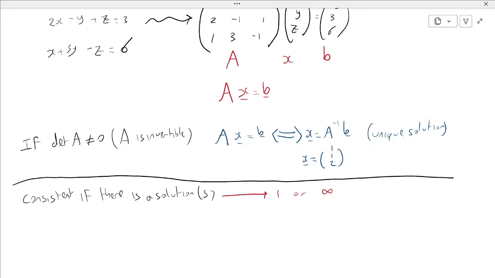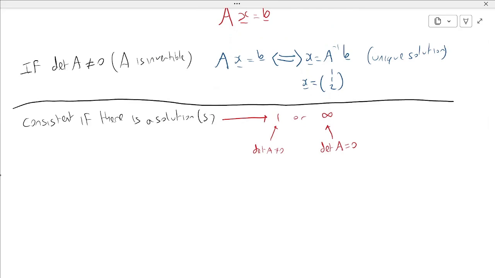That's the only possibility. And the case when there's exactly one solution we've already dealt with. This is when the matrix was invertible, which means the case of infinite solutions must be when the determinant was 0, the matrix is not invertible. And likewise, we will say our system of equations is inconsistent if there is no solution, right?